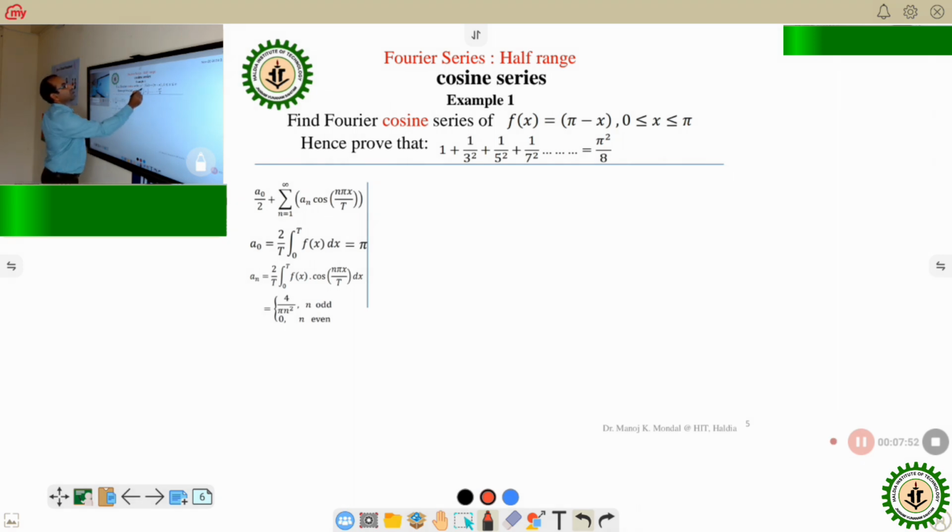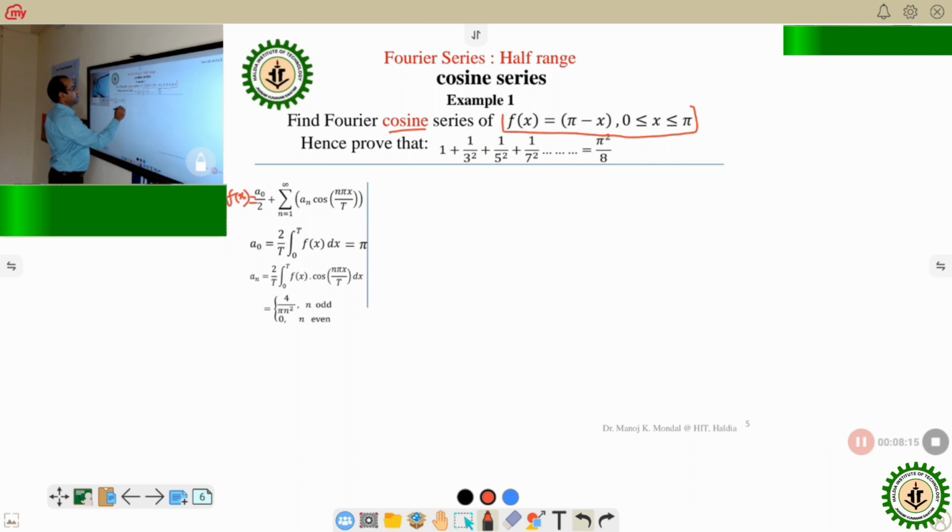We consider f(x) equals pi minus x defined over the interval 0 to pi, and we have to find the half range Fourier cosine series of this function. So this is the Fourier cosine series as we discussed in the previous slide.